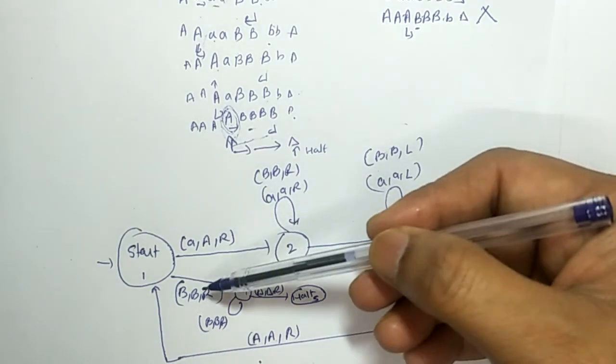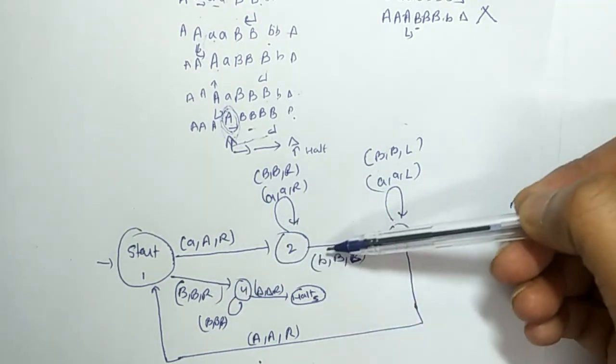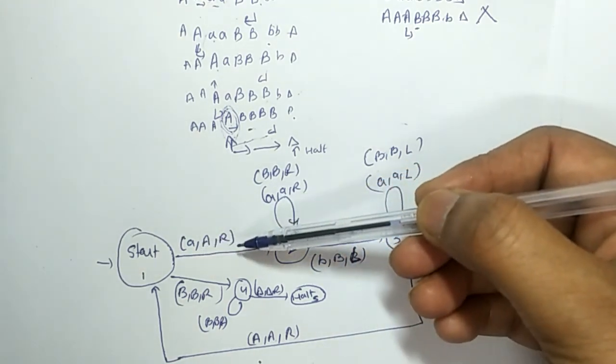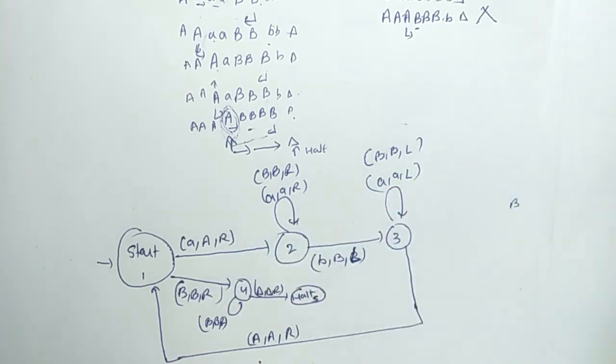So if you get one capital B, it means that you changed one small b to capital B and one small a to capital A. So it means that there is at least one a and one b.